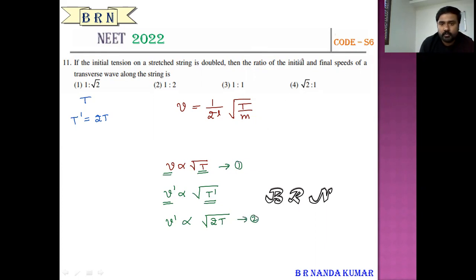We want the ratio of initial and final speeds, v divided by v dash. v is root T. For v dash, root 2T we can write as root 2 into root T, right? Root T cancels. So this is 1 divided by root 2, 1 is to root 2. The right answer is option 1. 1 is to root 2. Okay, right?